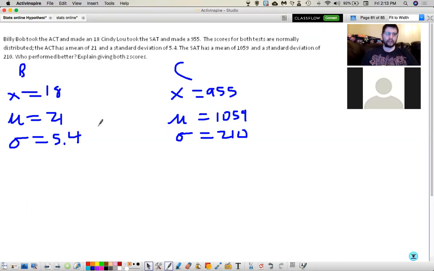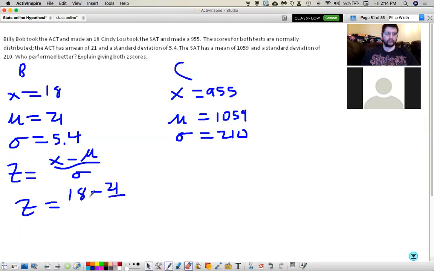So I'm going to convert both of these, same formula as before. Sorry, wrong formula. The other same formula as before, x minus mu over sigma. That's for both of these. 18 minus 21 over 5.4.